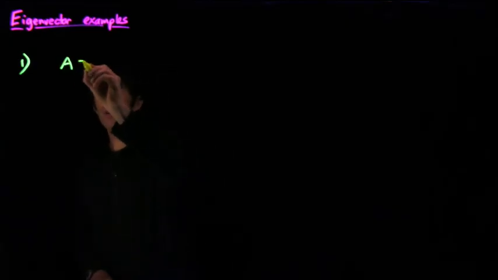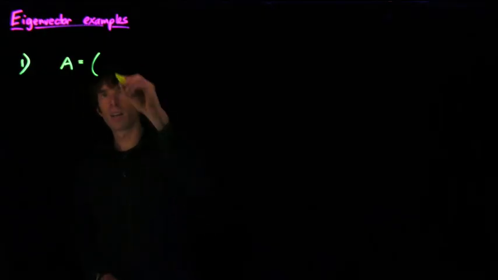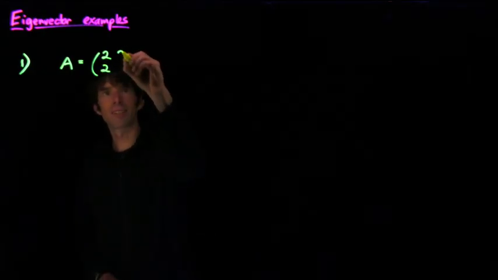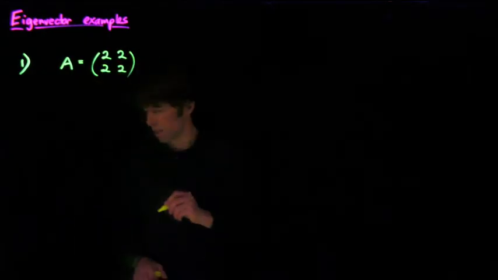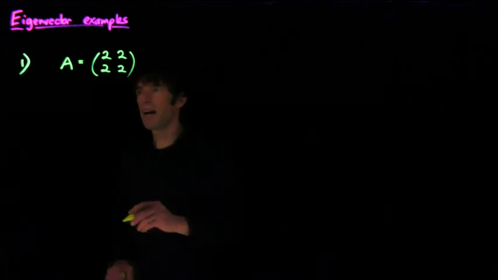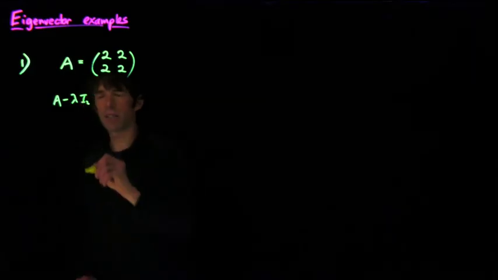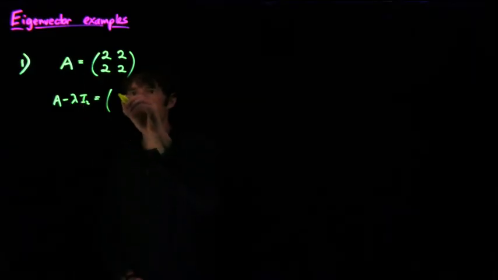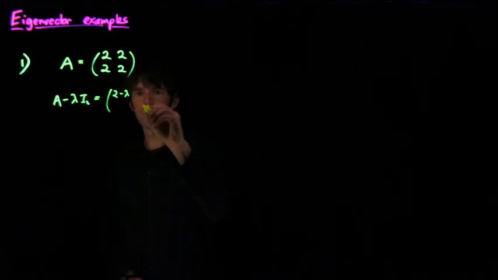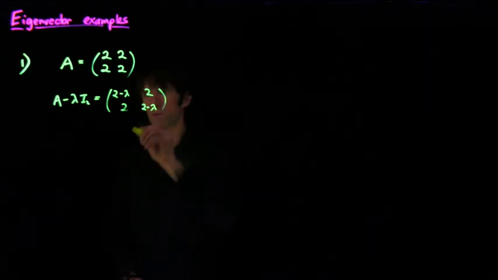Our matrix is going to be a 2 by 2 matrix with a lot of 2's in it. So let's take this matrix and let's look at A minus lambda times the 2 by 2 identity. This is 2 minus lambda, 2 minus lambda, a 2 and a 2.